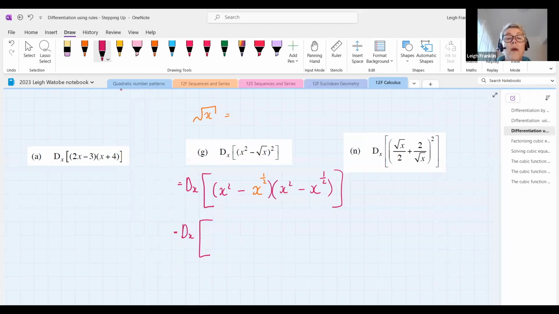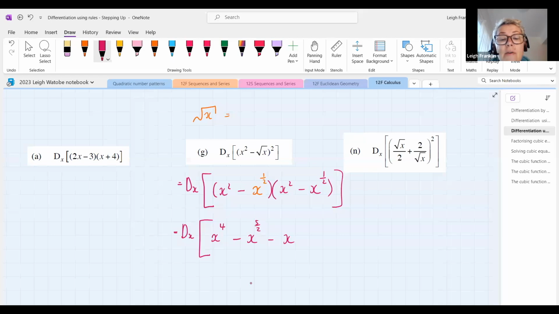Okay, so when I multiply x squared with x squared, I end up with x to the power of 4, because when I multiply like bases, I add my exponents. Now when I do the outer part of FOIL, I'm going to end up with minus x to the power of, multiply like bases, you add your exponents, so that would be 2.5, so 5 over 2.